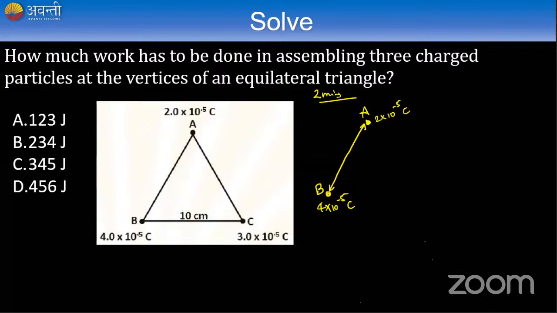Yes, Krish, check. So you have to apply the equation of potential energy, guys. Try to apply and solve this. Come on. Apply the potential energy formula and solve this. Say when we have a system of charges, how to find the potential energy. Try to solve this.